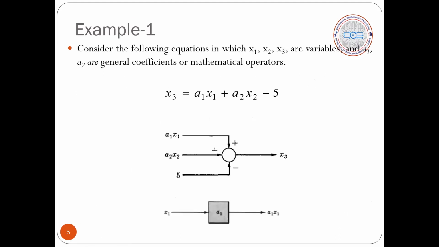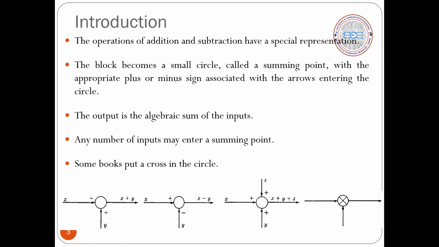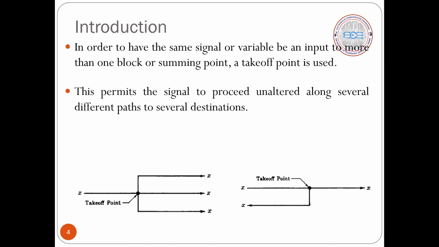And in some situations, we may have to pass the same signal to different parts of the block diagram or different parts of the system. So how can we do that? The same signal has to branch to different points. So here the entire signal is going here as a copy, and again the same copy going here, and again the same copy going here.